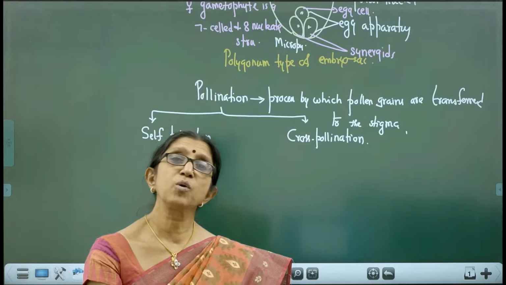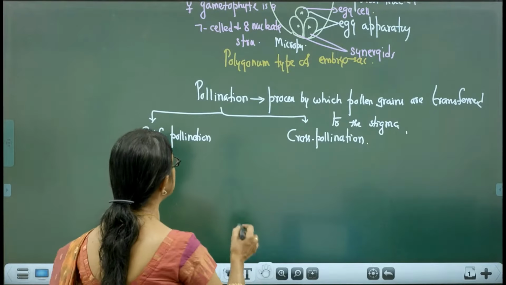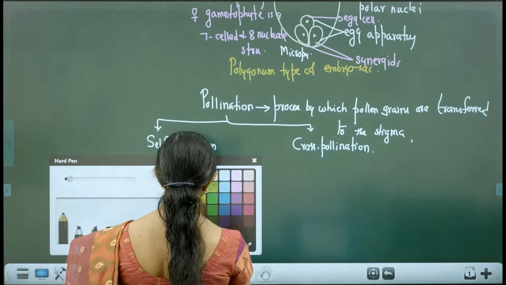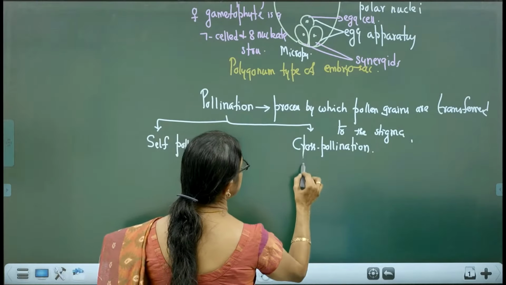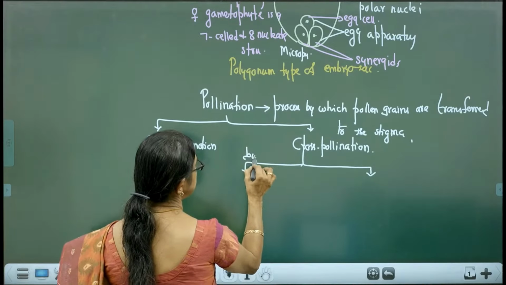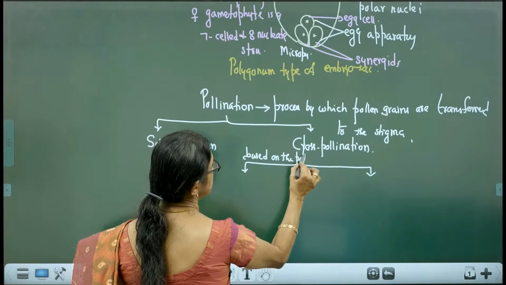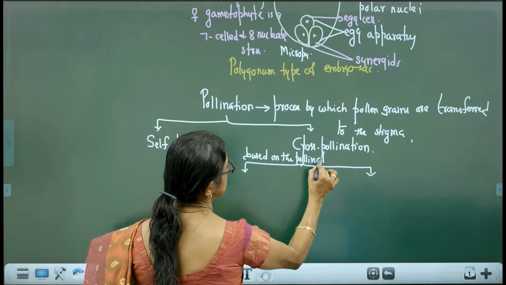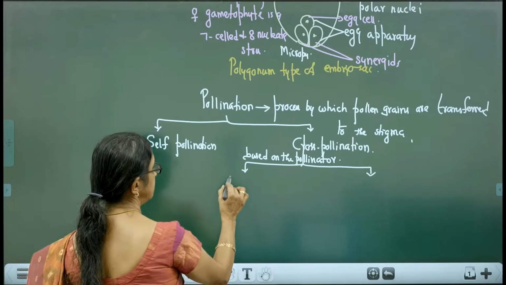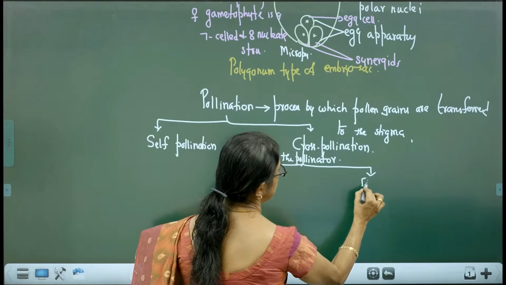Different types of pollinating agents we can see, and based on the pollinator or pollinating agent, pollination may be of two types, abiotic and biotic.